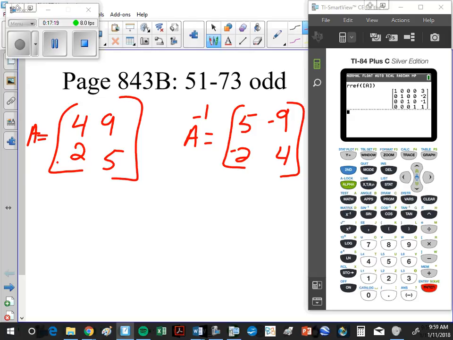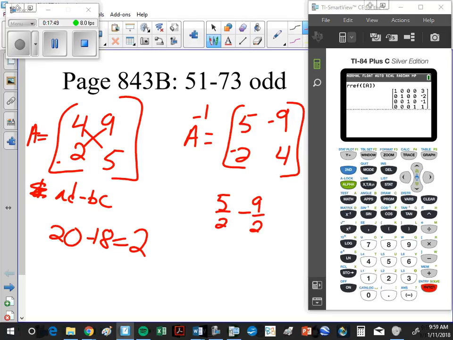How much does this matrix weigh? Well, the weight is always AD minus BC. So that would be 20 minus 18. This matrix weighs 2. So I have to undo that 2 in the other matrix, or times by 1/2. I'm going to divide everything in there by 2. So 5 over 2, minus 9 over 2, minus 1, and then a 2.